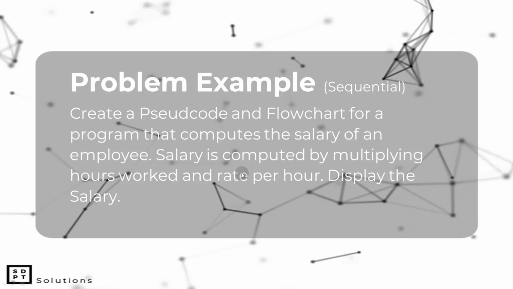Salary is computed by multiplying hours work and rate per hour, so we need hours work and rate per hour. That will be the input. Then what will be the output? It says here, display the salary. So it is clear that the output is the salary. We established that. Now, let's create a pseudocode and a flowchart for this program.